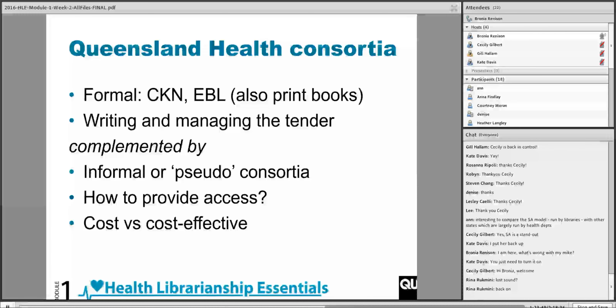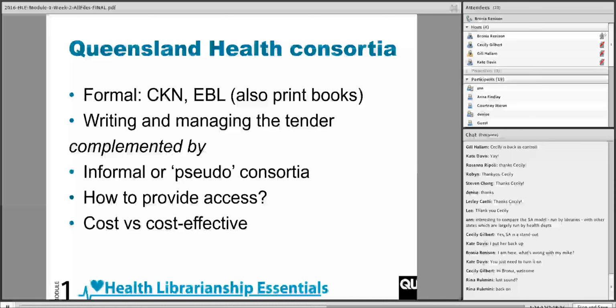We've since been divided up into separate commercial entities. We each have our own ABN now, but this consortium still exists and it's very useful. What happens is any one of the Queensland Health libraries purchases a book and all Queensland Health staff can use it. They can locate the books in several ways.